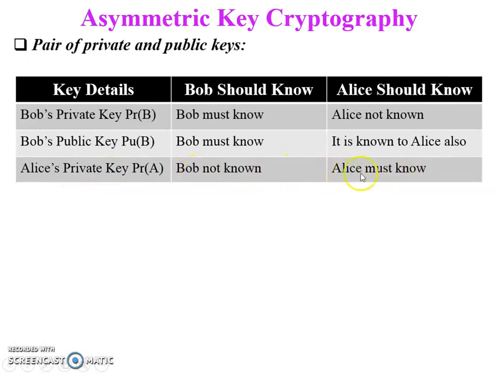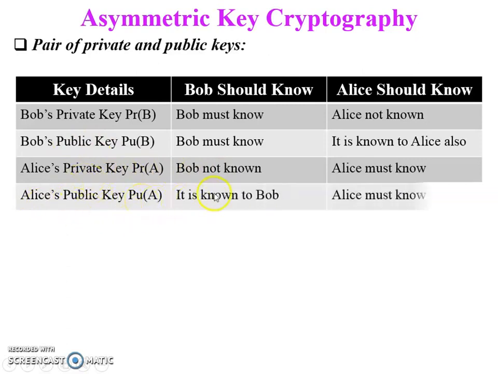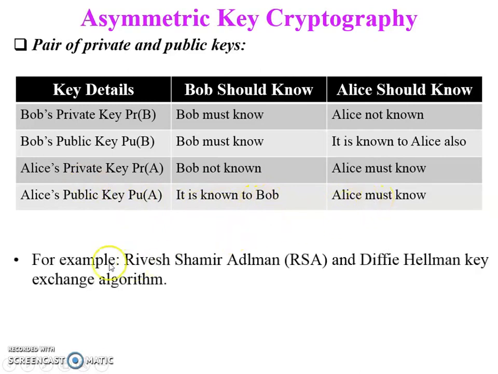Second scenario. In the second scenario, encryption with private key. In this figure you can see Bob is the sender and Alice is the receiver. Here, if Bob wants to send a message to Alice, Bob must use his own private key.